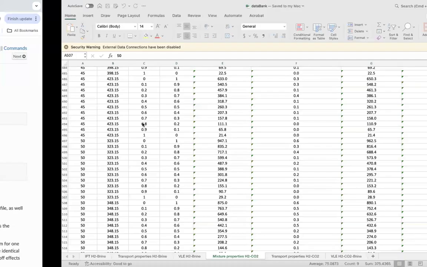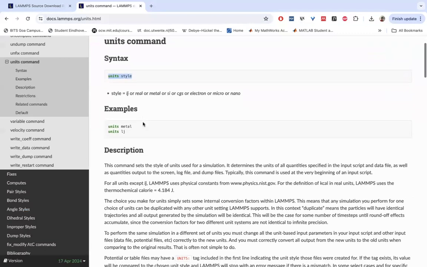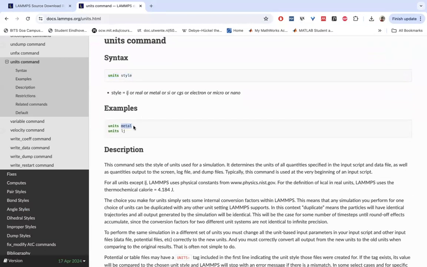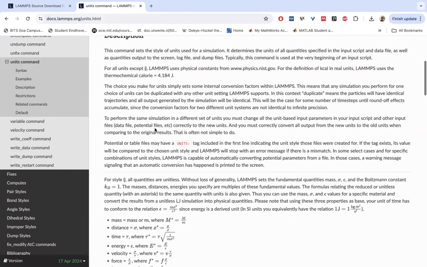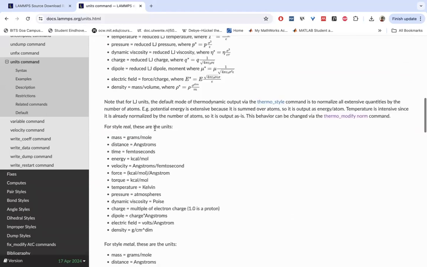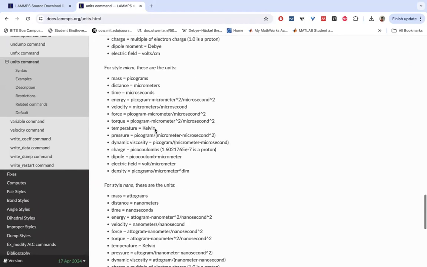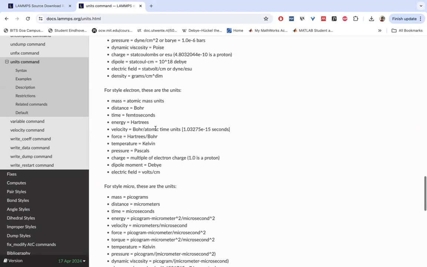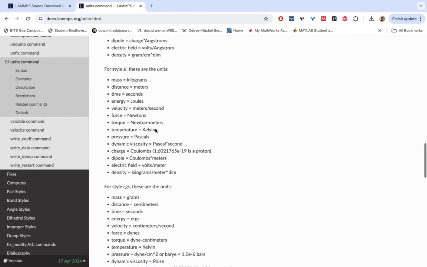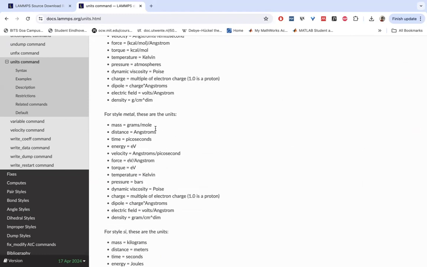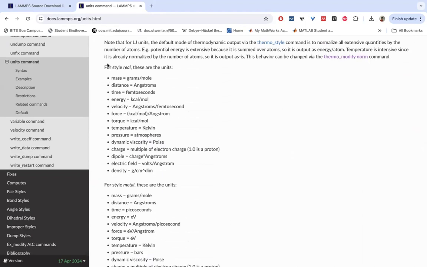Some of the other examples are units metal and units LJ. Units LJ is for Lennard-Jones, and units metal is units that are relevant to a metal. Now, if you want to look at what exactly you have for units real, which is what we are using, here it is.